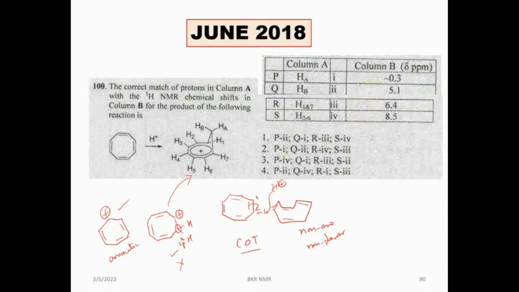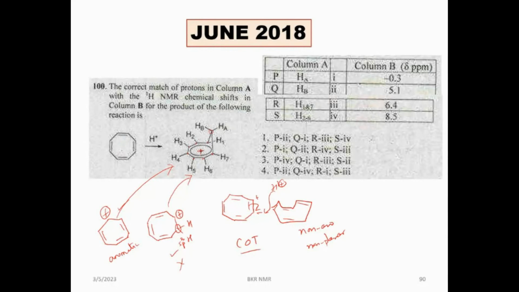What it does is it lifts this particular carbon away from the plane. So this carbon comes above the plane. Now you can see you have carbon 1, 2, 3, 4, 5, 6, 7 carbon with a plus charge. That becomes a cycloheptatrienyl type of system, and this one carbon is above the plane.